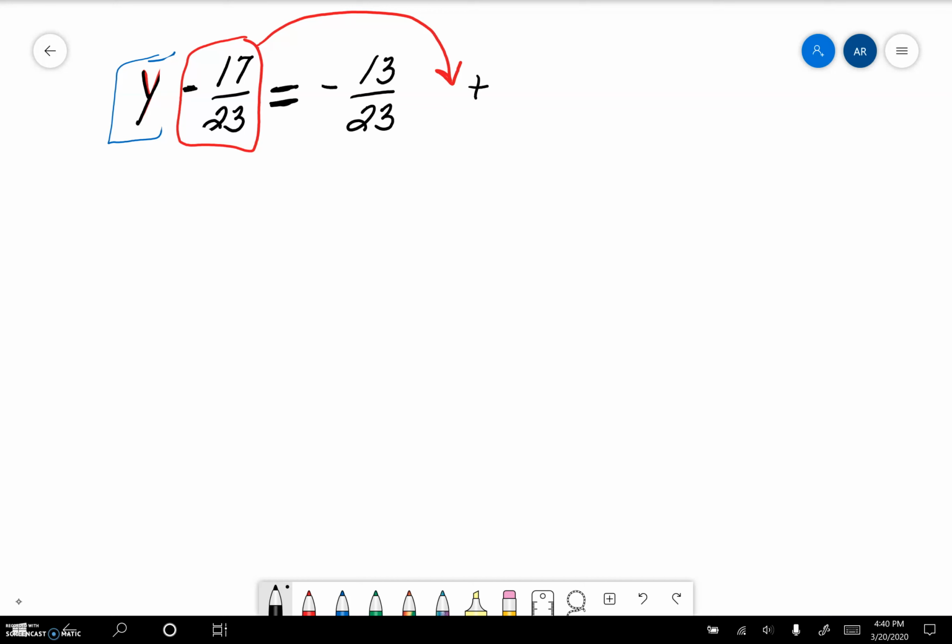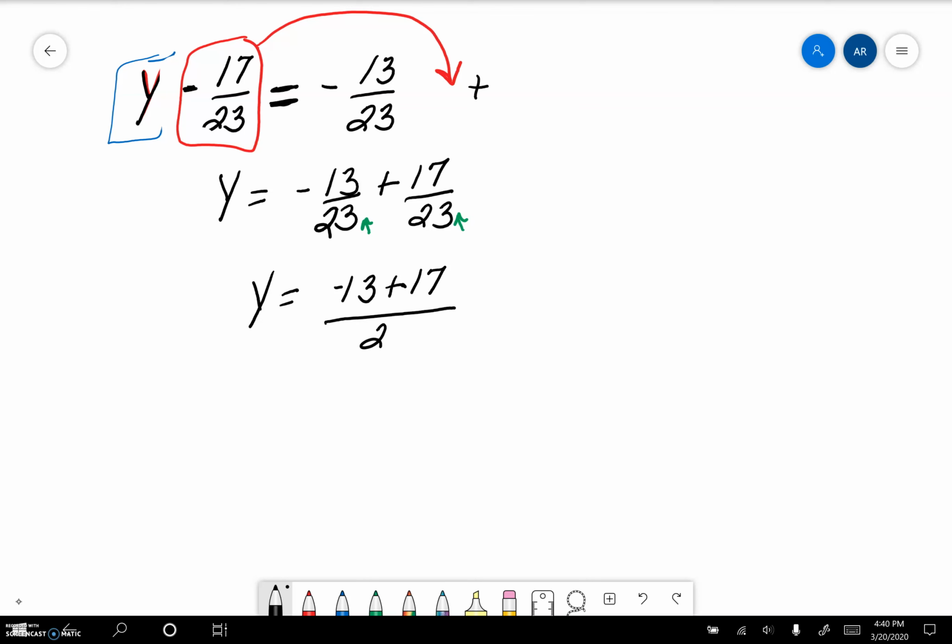So I would rewrite it as y equals negative 13 over 23, nothing about that changes, but now this 17 over 23 becomes plus, because it was minus on this side, it becomes plus on the opposite side. Now I look and say, okay, are these the same? They are. So I can write it as one fraction. So y equals negative 13 plus 17, all over 23.